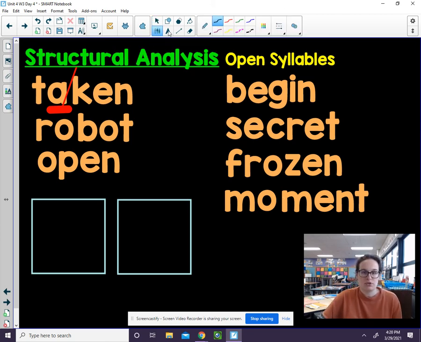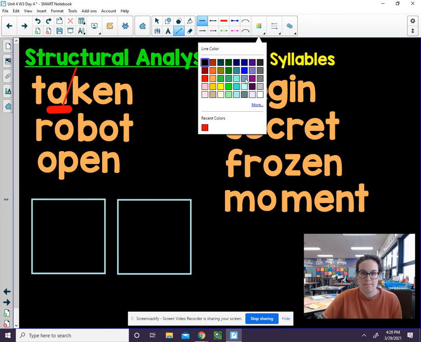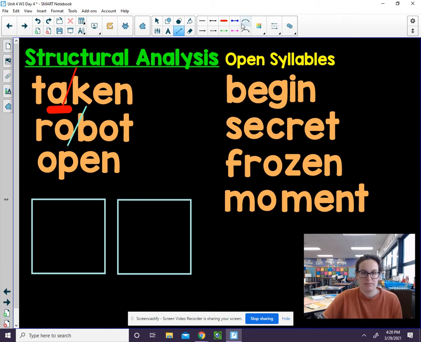It separates between the O and the B. Here again, we see that this syllable ends with a vowel. Remember, when a syllable ends in a vowel, the vowel sound is usually long. So again, this is called an open syllable.